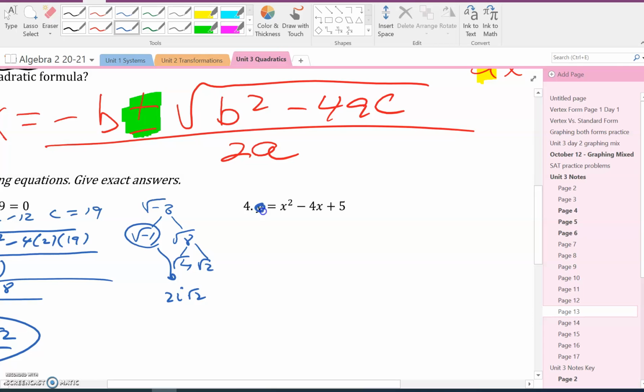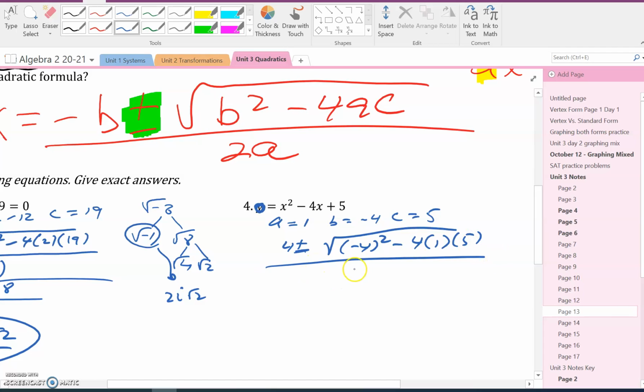All right, we're plugging 0 in for y. We know that A is 1, B is -4, C is 5. So 4 plus or minus the square root of -4 squared minus 4 times 1 times 5, all over 2 times 1. So 4 plus or minus, I don't need the calculator, this is going to be 16 minus 20, all over 2.